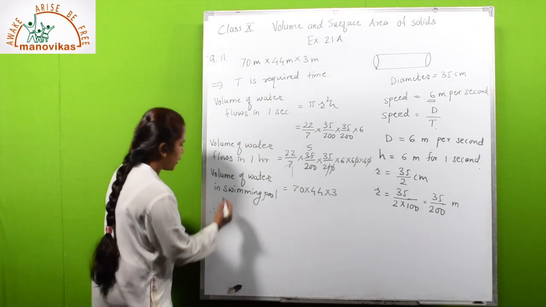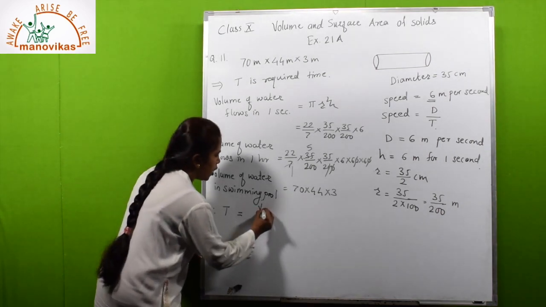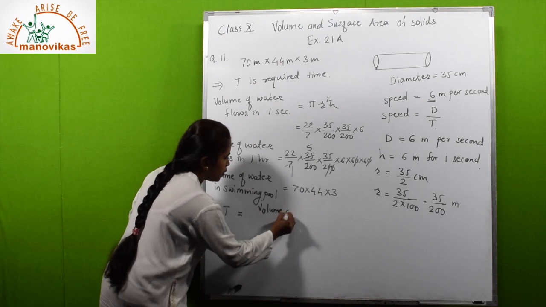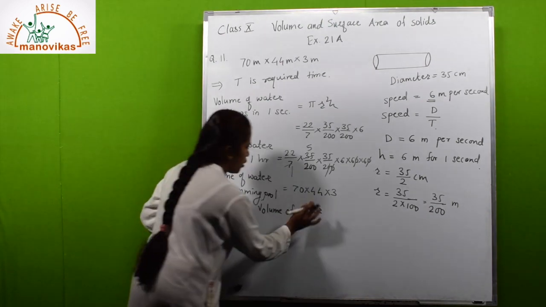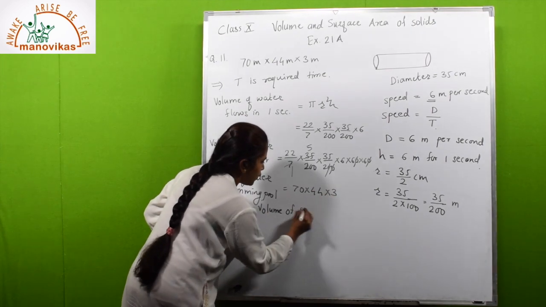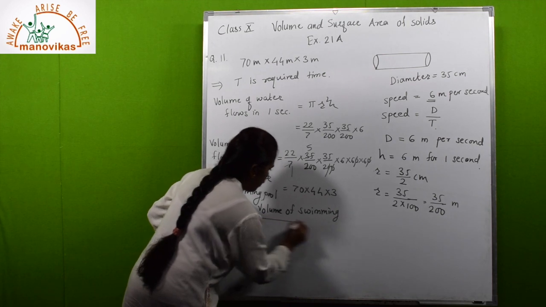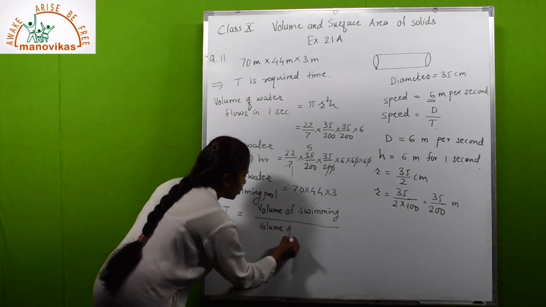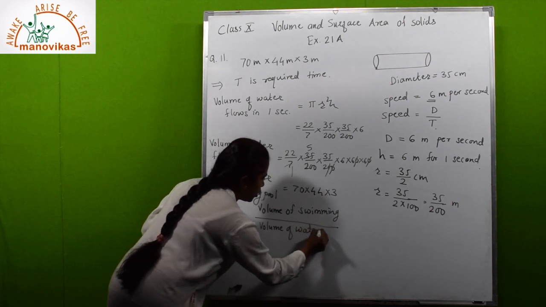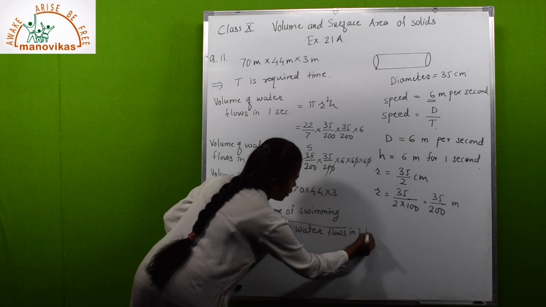So how to get the time? Time T will be the volume of the swimming pool divided by the volume of water that flows in 1 hour.